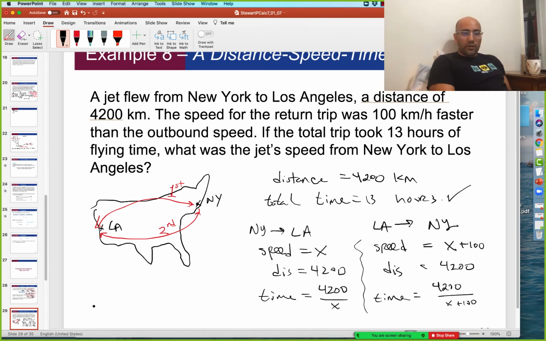And there's your equation: 4,200 divided by x plus 4,200 divided by x plus 100 should be equal to 13. Now we just have to solve for x from there. That's going to be ugly, but at least we have the equation.